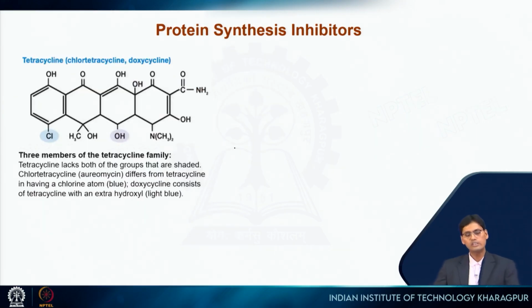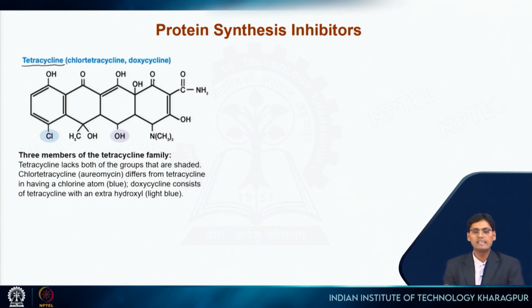Now, I should concentrate on protein synthesis inhibitors. I just mentioned cell wall synthesis inhibitors, particularly peptidoglycan synthesis inhibitors. But there are many antibiotics which target the bacterial ribosome, and that is also very useful. For example, tetracycline, with different forms like chlorotetracycline and doxycycline, which is a derivative of tetracycline.